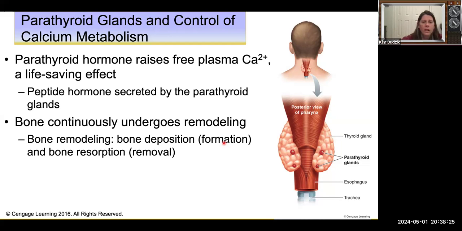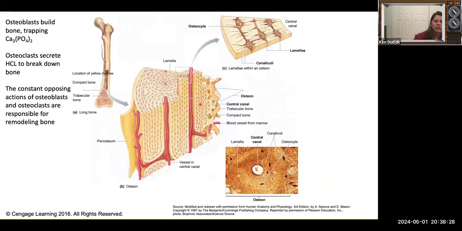Okay, so let me just remind you a little bit here. Remember that bone is a hard material and it's hardened by substances called hydroxyapatite crystals. Remember that from anatomy.